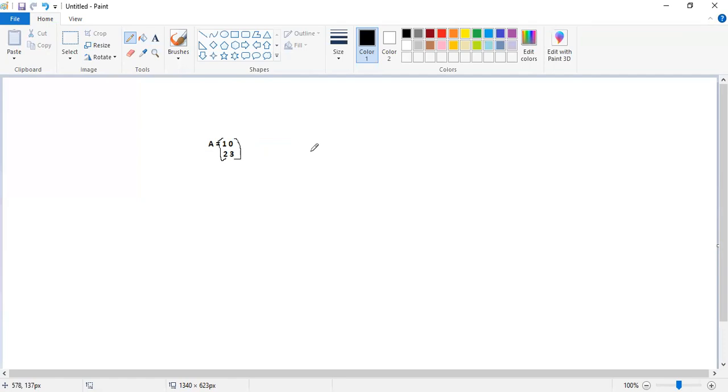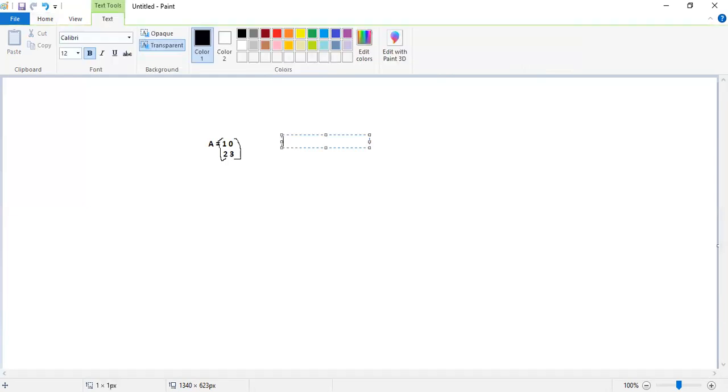Let's say this is matrix A, but always remember there's supposed to be a bracket. And then we have our B. Let's say we have 2, 7, and 4, 5.